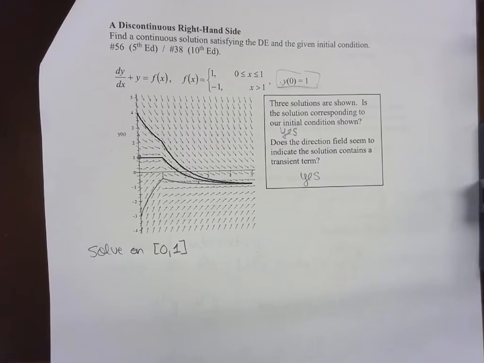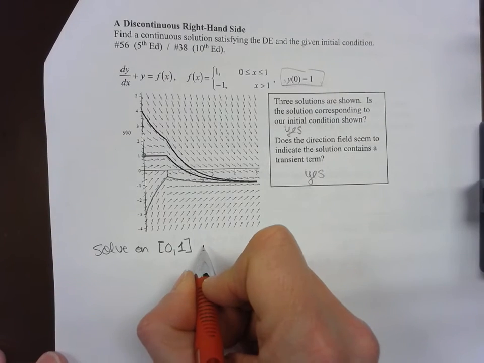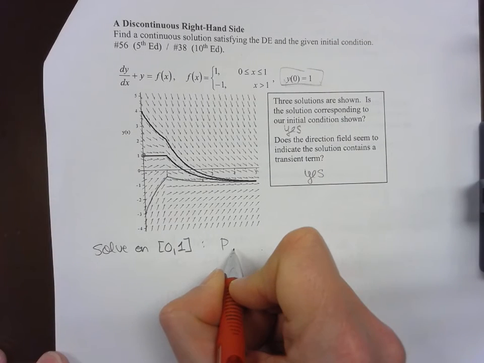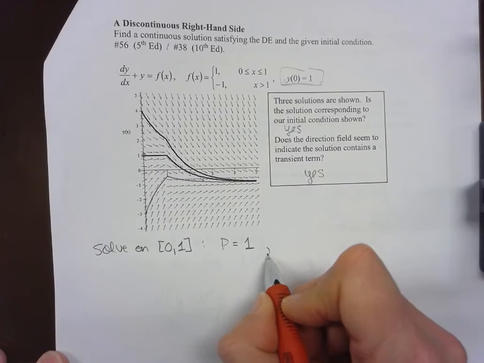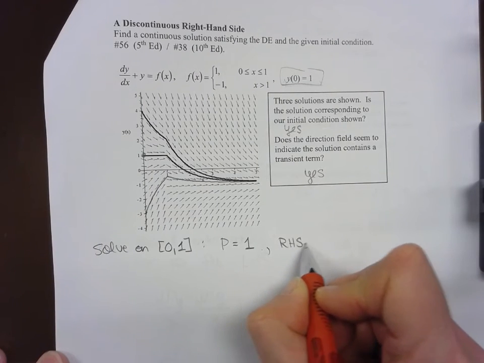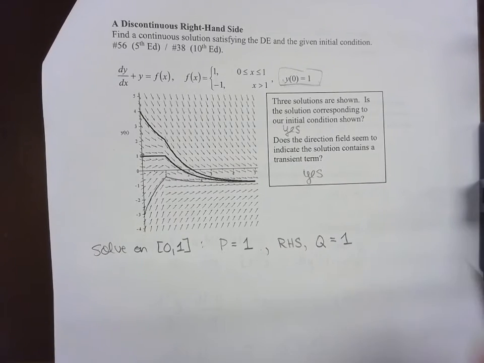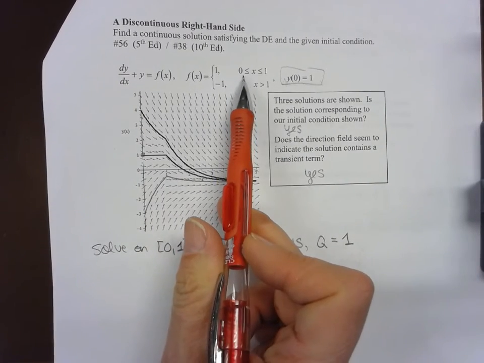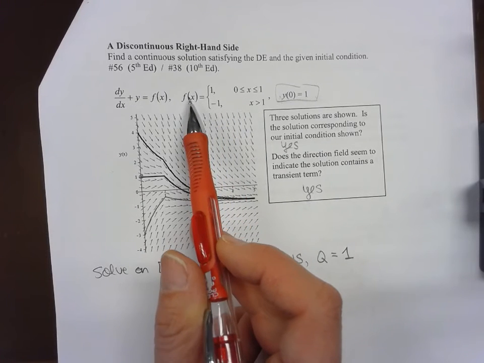It's already in standard form, right? What's our p of x? It's just 1. And the right-hand side, the q, would also just be 1, because when x is between 0 and 1, the right-hand side is just 1.